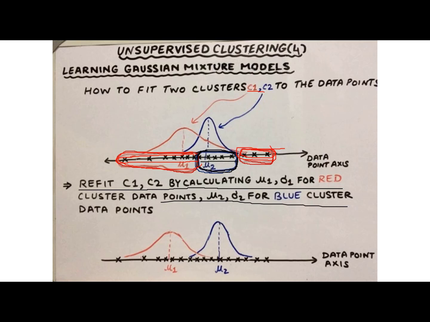If we do that, then we notice that the cluster mean and the standard deviation have now changed. These are shown here. A consequence of refitting is that the cluster will change based upon the labels that we have just updated. So the updated labels require us to refit the clusters.